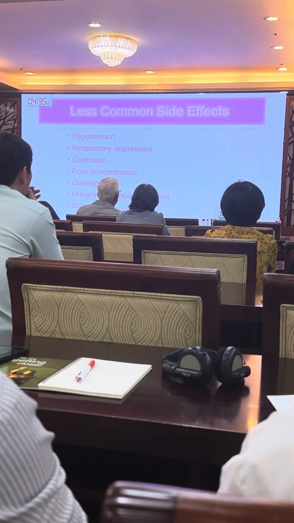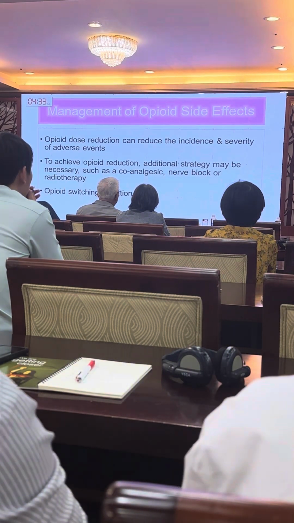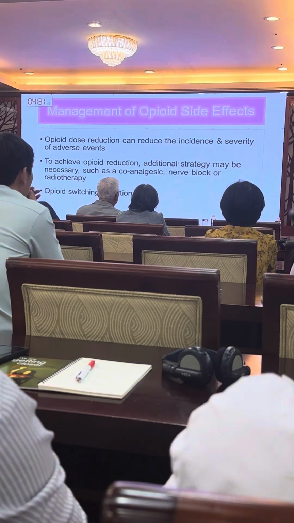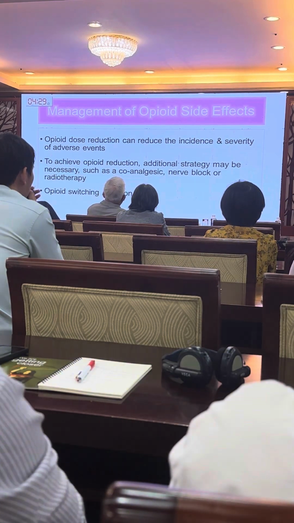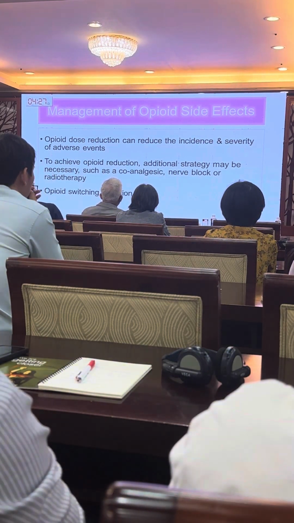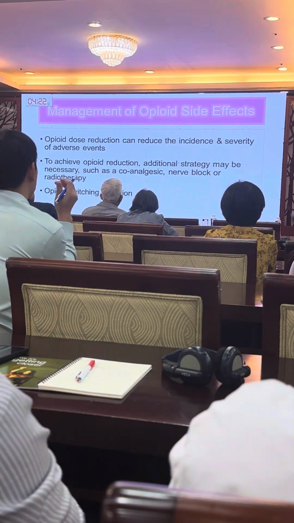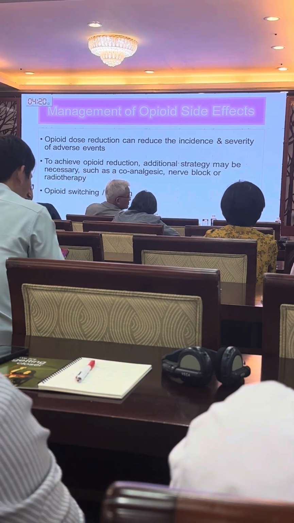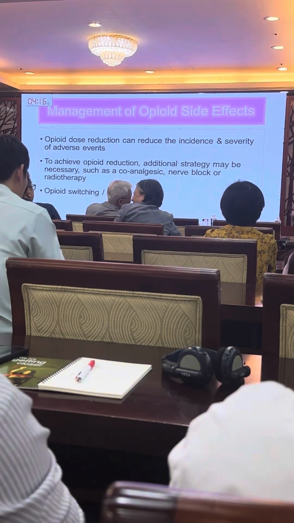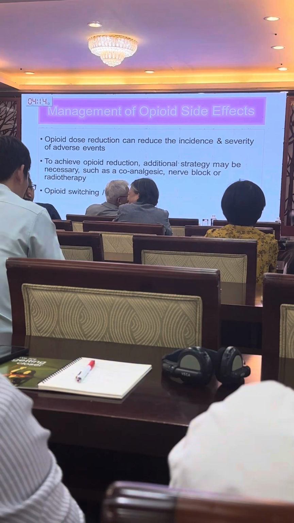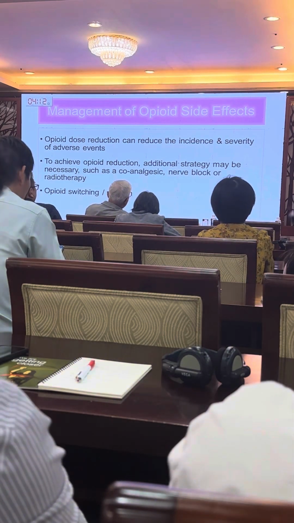These are the less common side effects. If your patient does have side effects from opioid treatment, you can reduce the dose of opioid to reduce the incidence or severity of the side effect. But it's not that easy, because you want to reduce the side effect, but you also want to maintain adequate pain control.